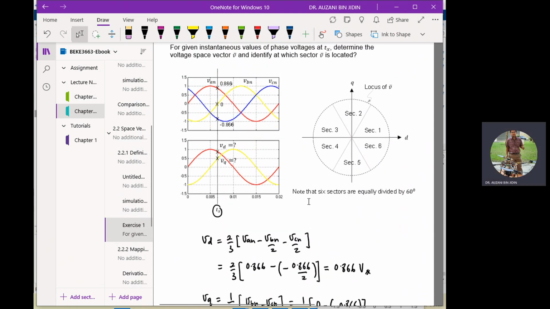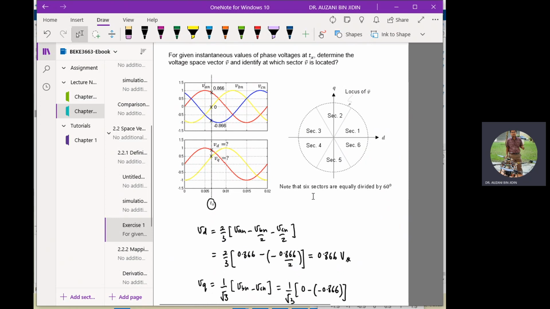From the waveform, please take note that the red color is the VAN, the yellow is VBN, the blue color waveform is VCN. So from there you can get the instantaneous value of the phase voltage. Then you substitute into the VD and VQ equation. Here VQ is 0.5.